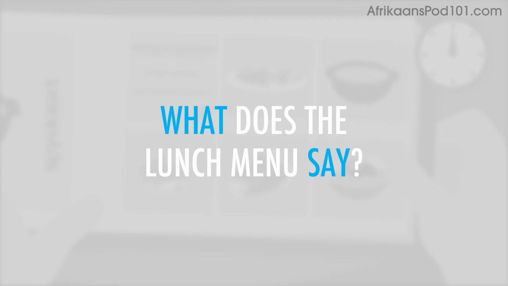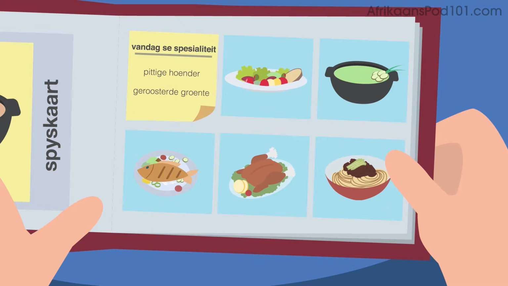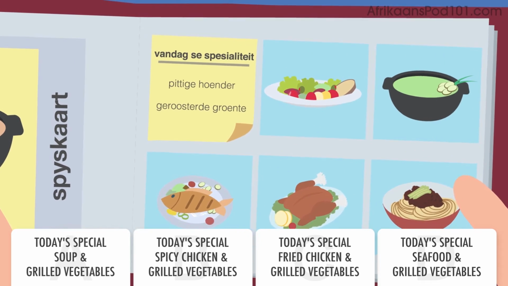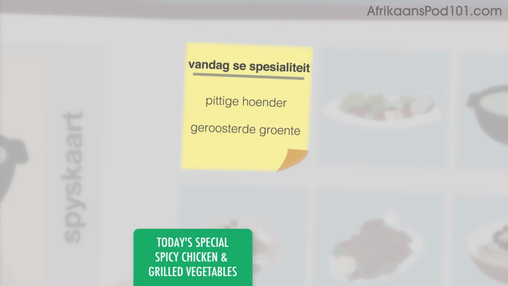What does the lunch menu say? The lunch menu says that today's special is spicy chicken with grilled vegetables. Vandag se spesialiteit: pittige hoender, geroosterde groente.